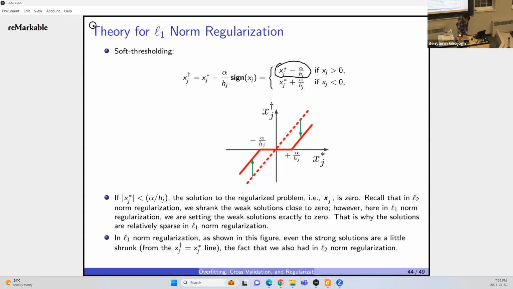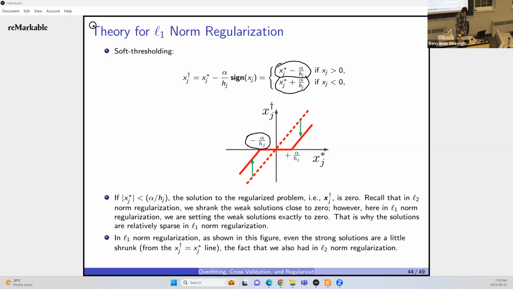Do you agree? When xj is negative, it's a line where the intercept is minus alpha over hj. So let's connect these two lines here, right? That's why I said for now, disregard the zero. We can figure out the zero here. What happened with the zero?